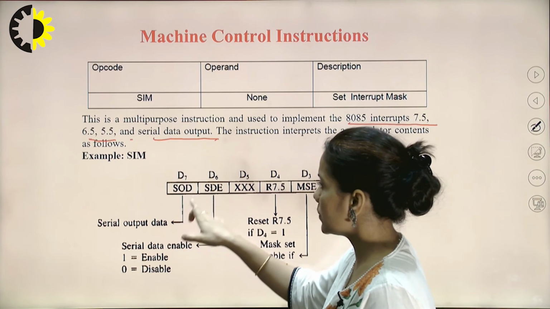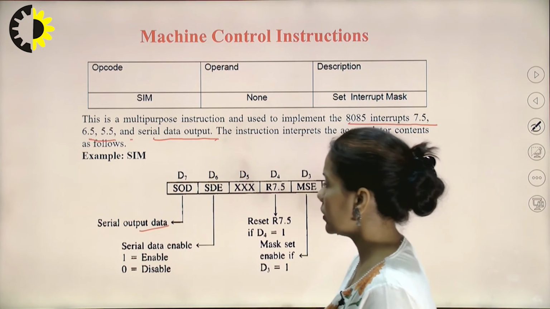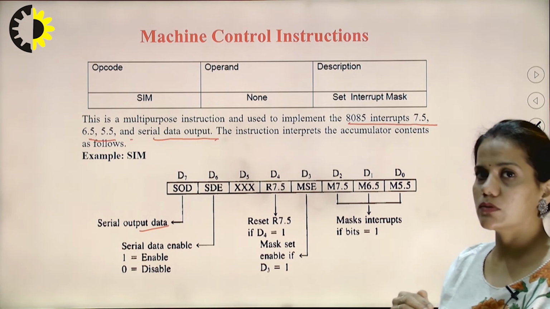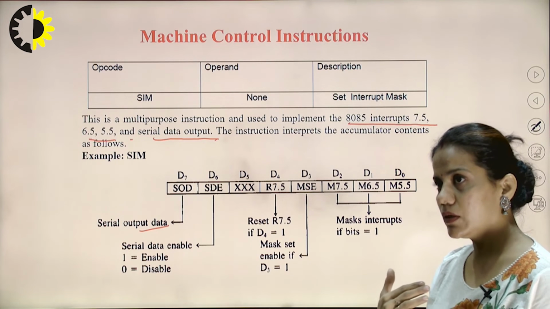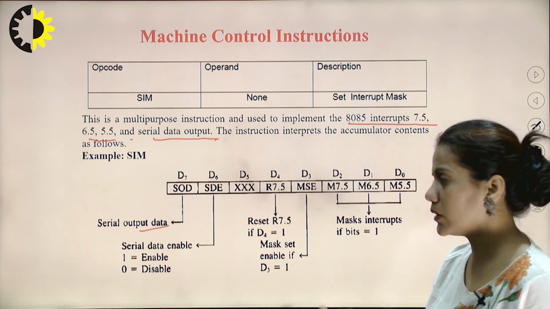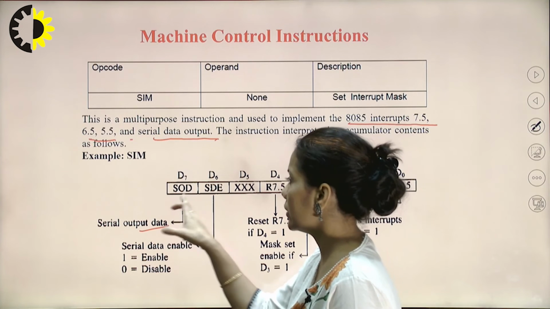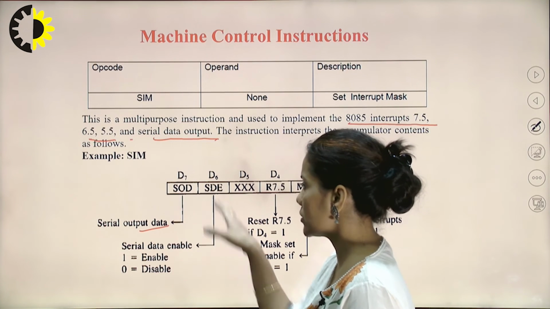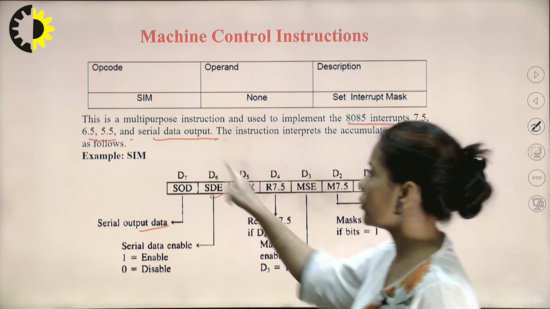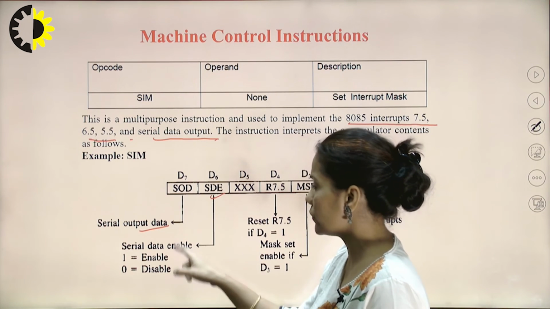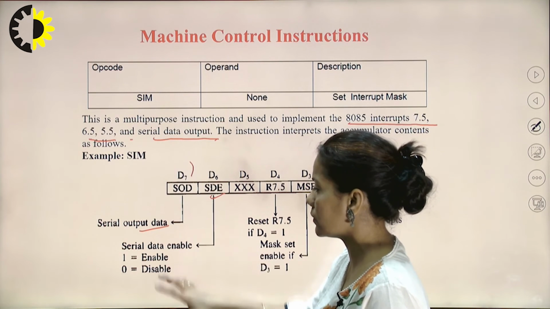This is the first bit, that is SOD, the serial output data. Whenever we want to send some data out of the microprocessor serially, we have to write that bit here, at the SOD line. This is the serial data enable, the master bit for the D7 bit. So, if this is 1, then it is enabled, otherwise not.